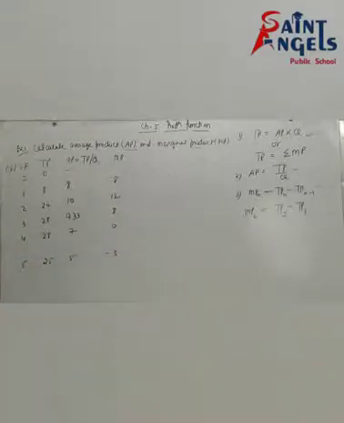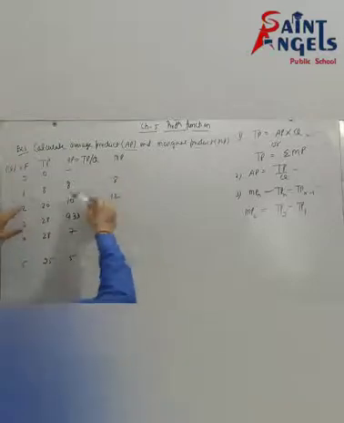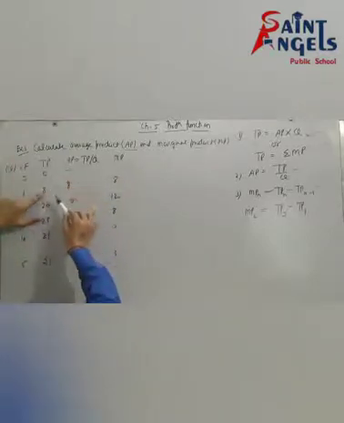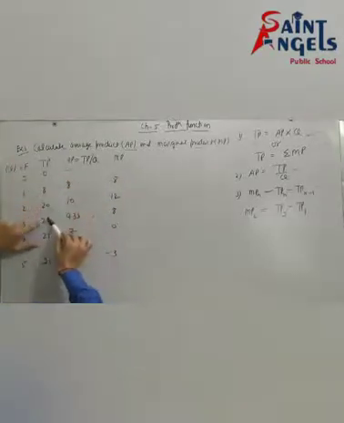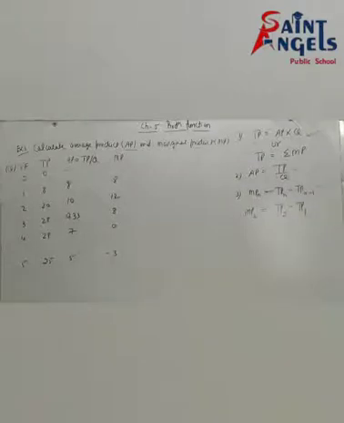I hope all of you have understood how to calculate marginal product. The first will be a dash, then you do second minus first each time. Please pause the video and note this down.